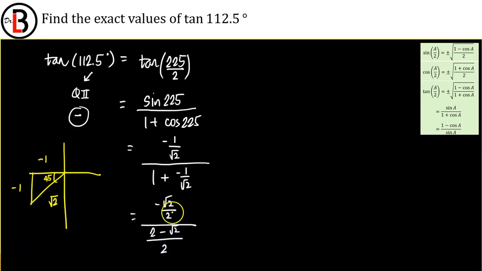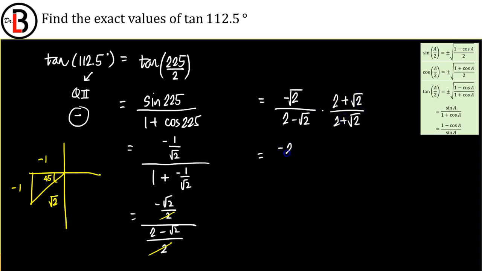Here, you can actually cancel the 2 and the 2. Let's try simplifying this. You're left with negative square root of 2 all over 2 minus square root of 2. How do we simplify this? By rationalizing the denominator. Let's multiply this by the conjugate.